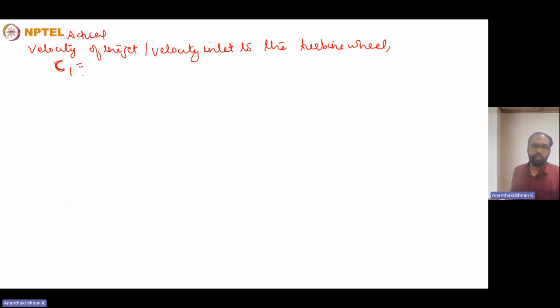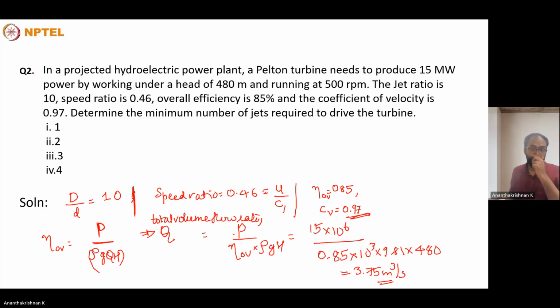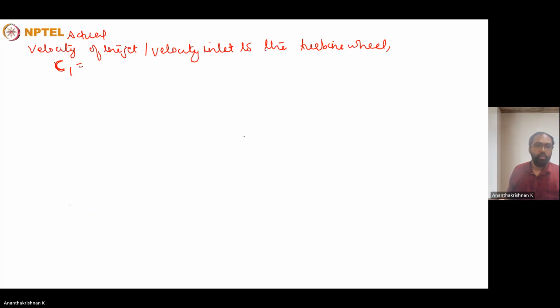We can calculate this value C1 using the coefficient of velocity in the nozzle multiplied by root of 2gh. So this takes into account the losses which happen within the nozzle.